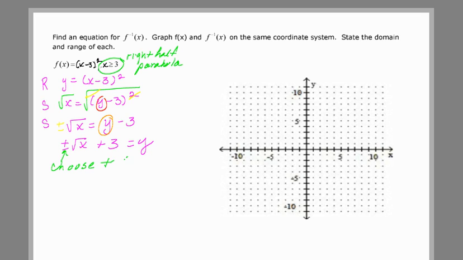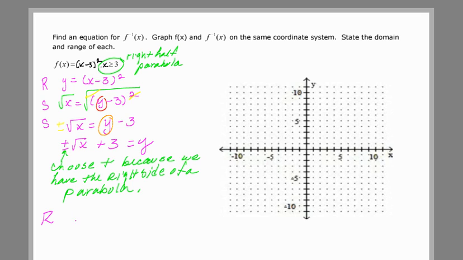We're going to choose the plus because we have the right side of a parabola. If we were considering the left side of the parabola, we would have to choose the minus in this case.